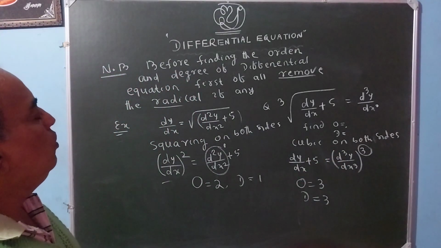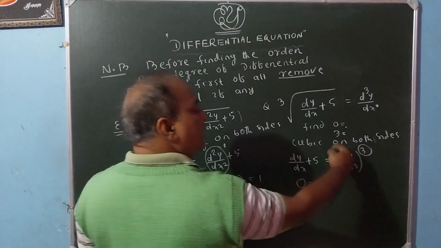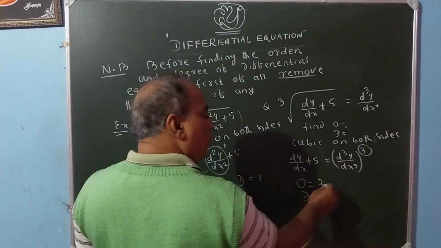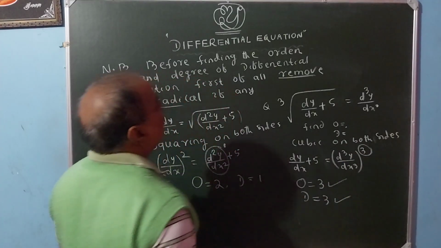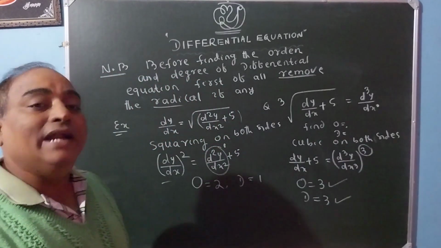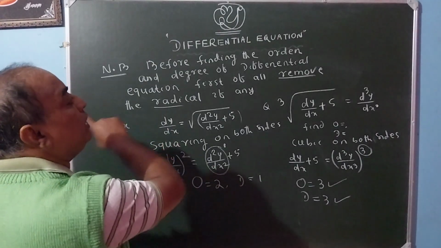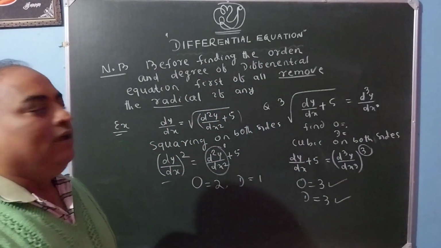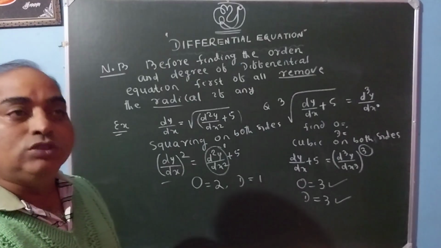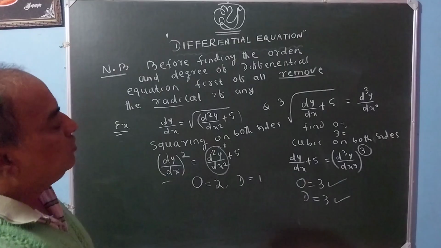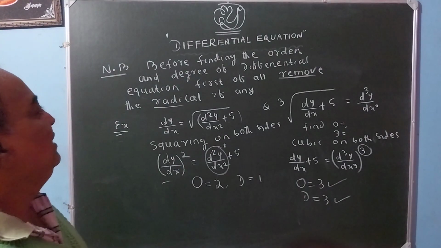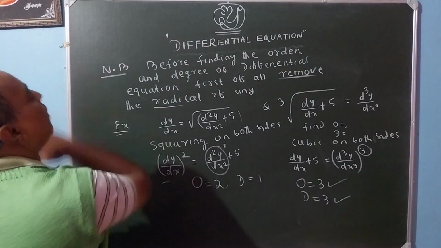Order is 3 here and degree is also 3 here. So before finding the degree and order, first of all you have to remove the radicals, means square roots, cube roots, nth roots. Remove them first, then you can easily find the order and the degree. This is point number one.